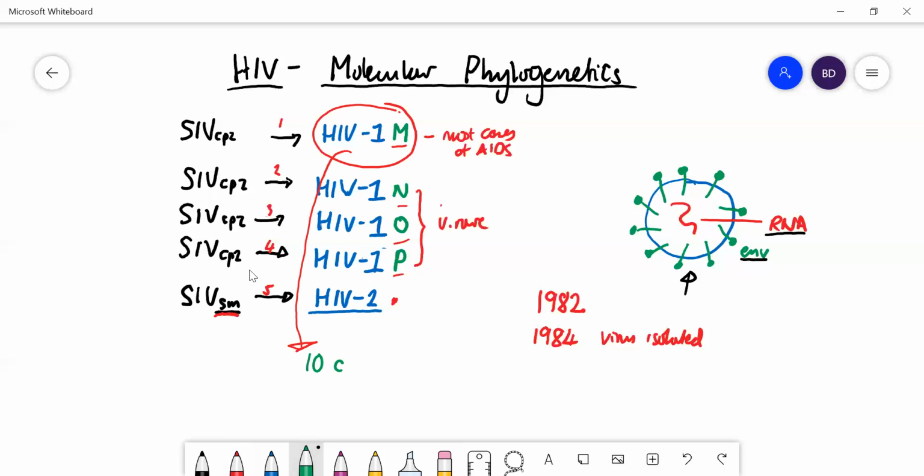Okay, clade is an old-fashioned phylogeneticist word. It's almost like a breed of dog, with 10 clades of dogs. So it's like subspecies, and the clades are given letters A up to K. You think that's 11, that's because I isn't used. So there are now 10 clades of HIV worldwide.